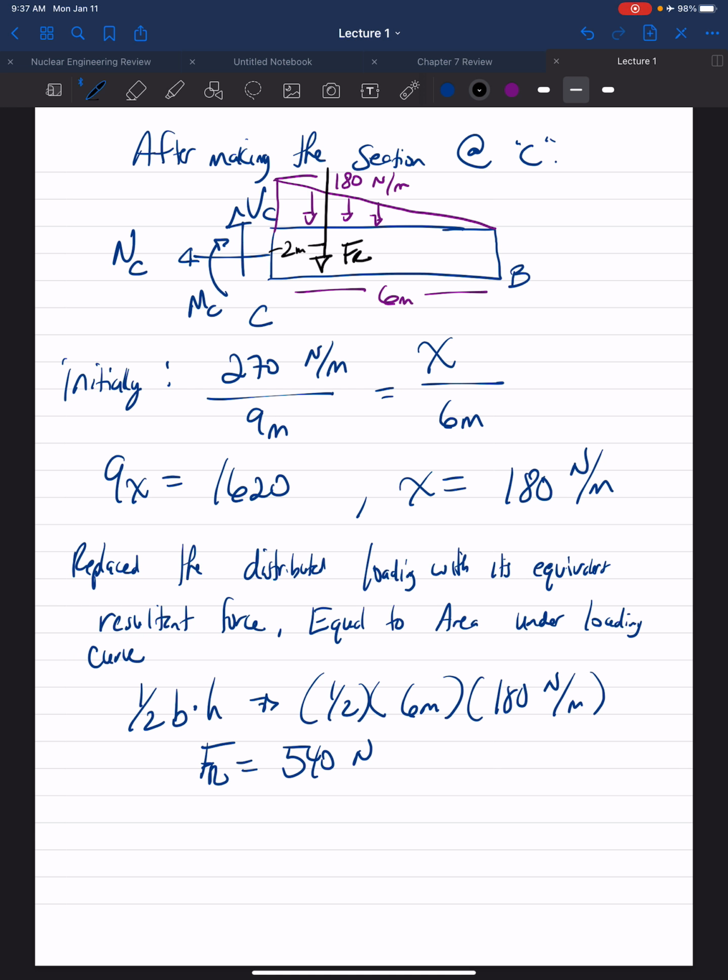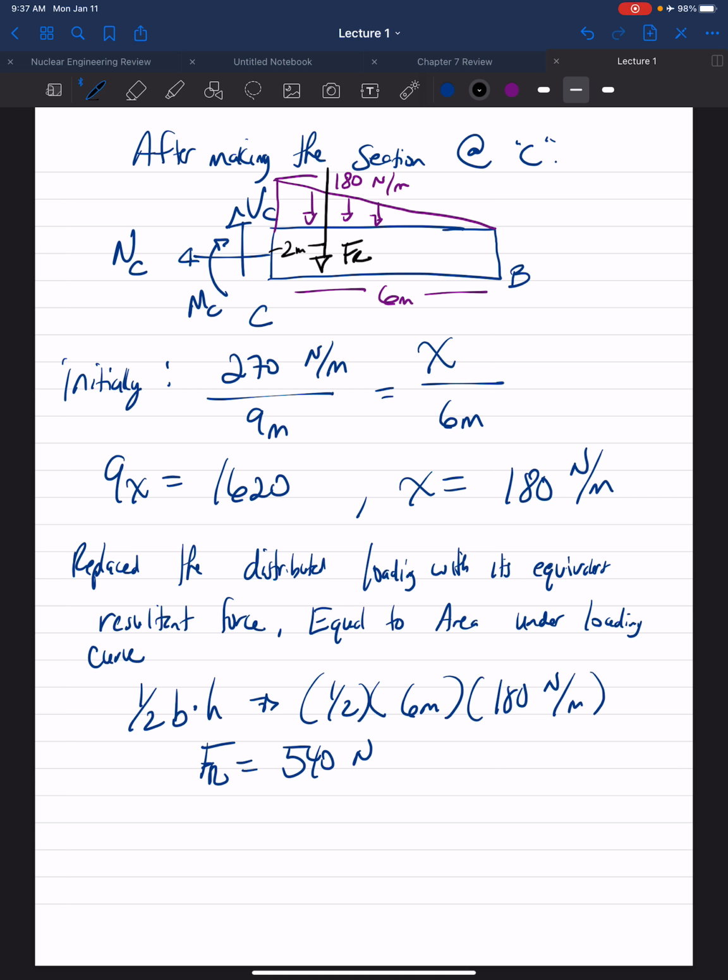Let's go to a fresh page. Reproduce that. So redrawing our beam in question, this is point B, point C, and our normal force, our shear force, and our bending moment.